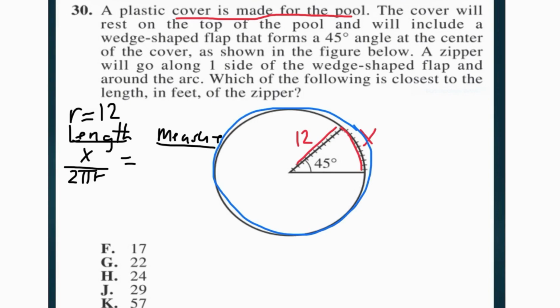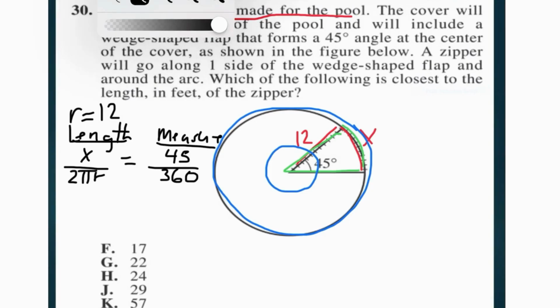The measure of the central angle, which forms that arc, this is the central angle right here, is 45 degrees. And the measure of the entire circle, we know the measure of a circle is 360. So that would go at the bottom.